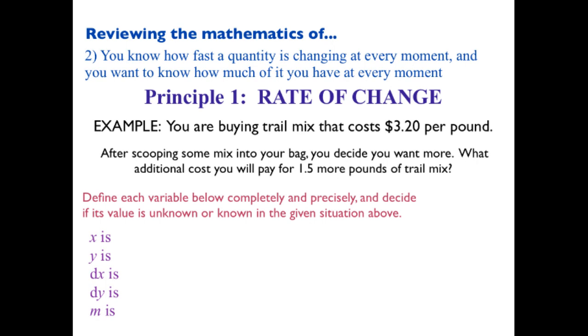So let's just do X together. What would you guess that X is? What do you think X is, as a phrase describing a quantity in this situation? What's that? He wants the weight of the trail mix.